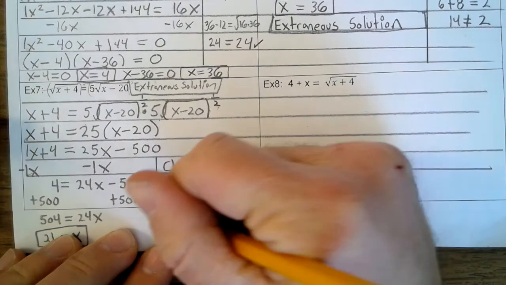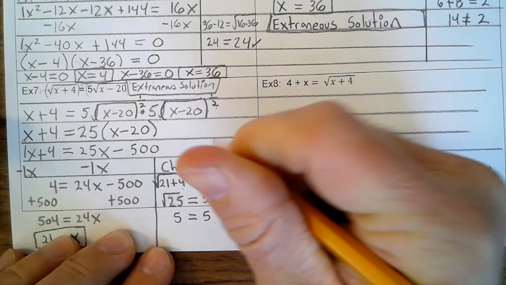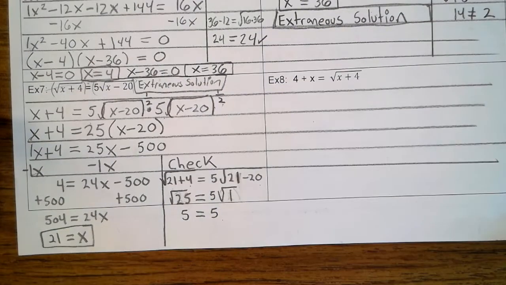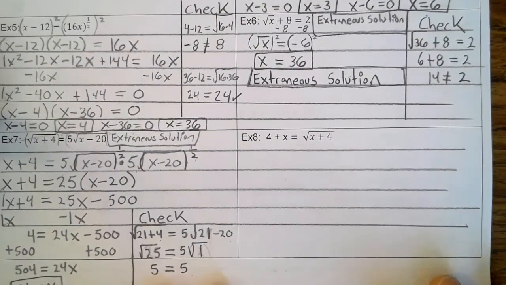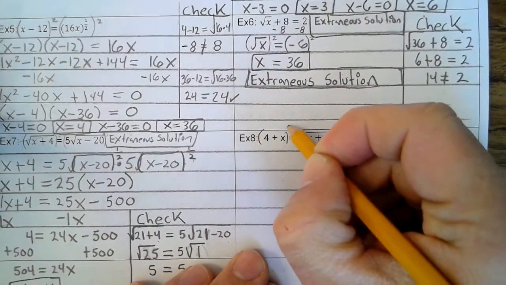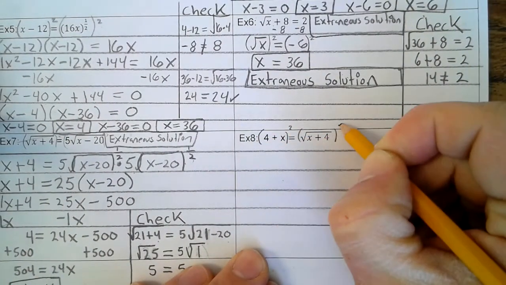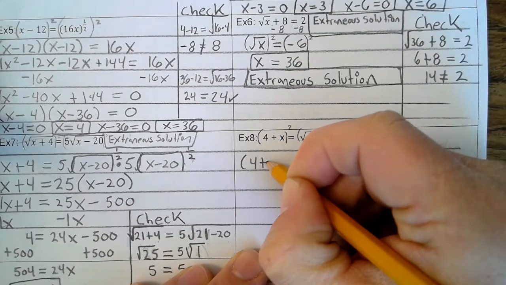All right, last example. The square root is isolated, so now we want to square both sides. So that's 4 plus 1x times 4 plus 1x equals, that becomes to the power of 1, x plus 4.